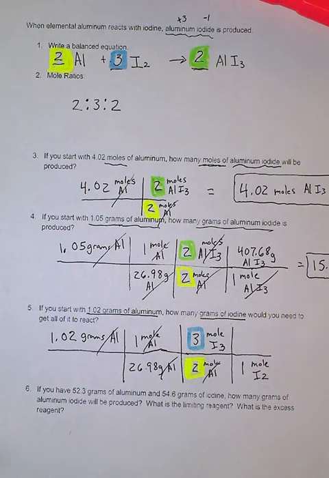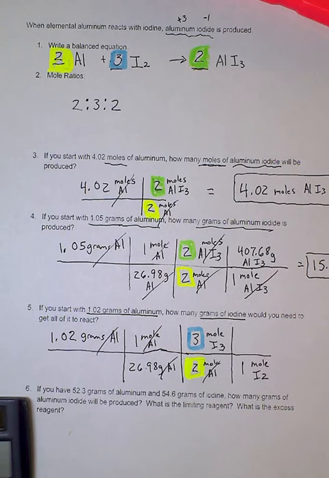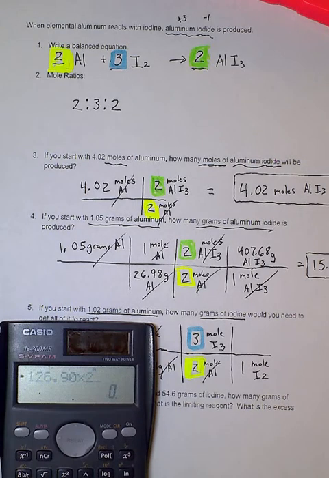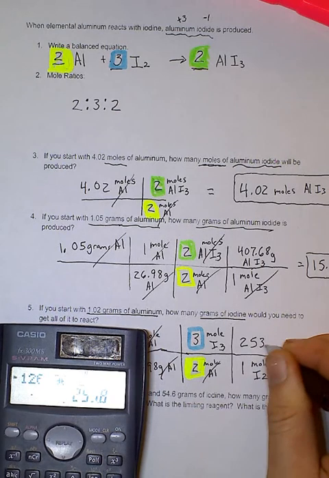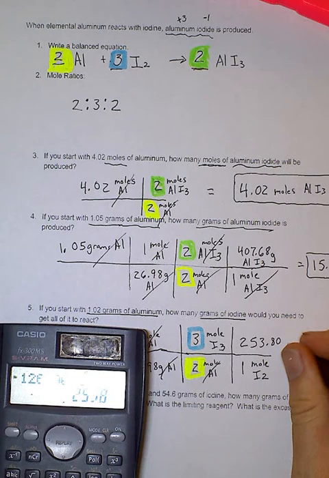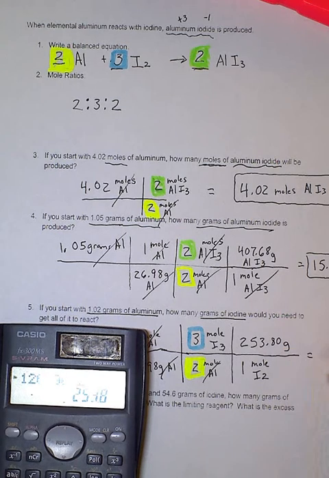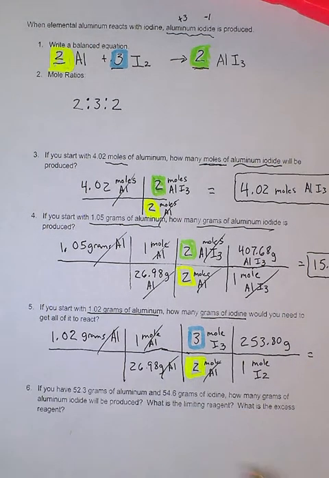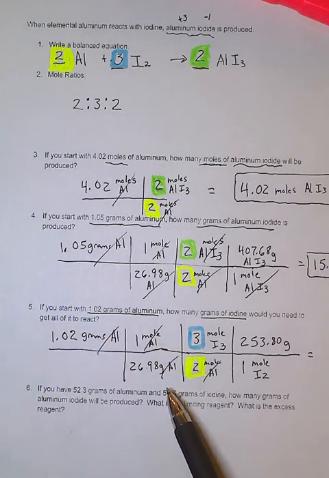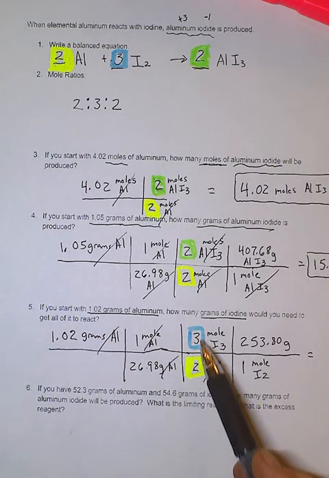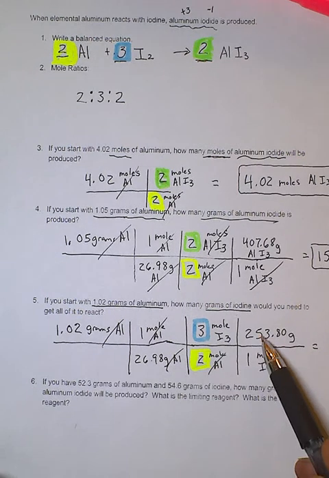126.90 times that by 2. So this would be 253.80 grams. So now we have this number times 1 divided by 26.98 times 3 divided by 2 multiplied by 253.8 divided by 1.